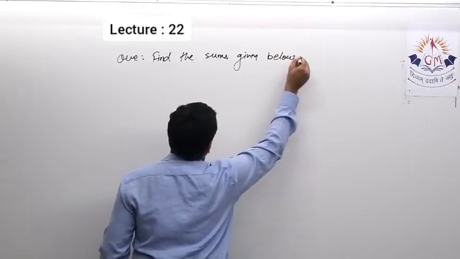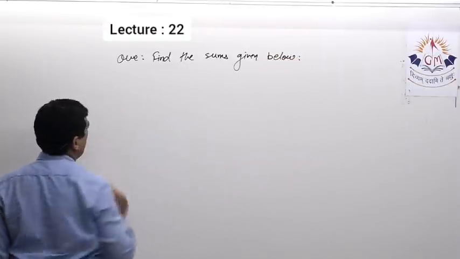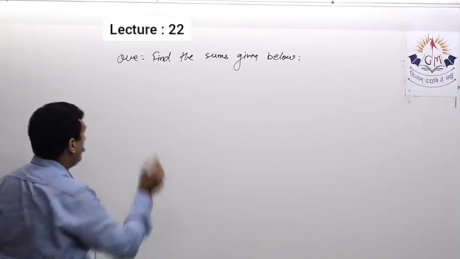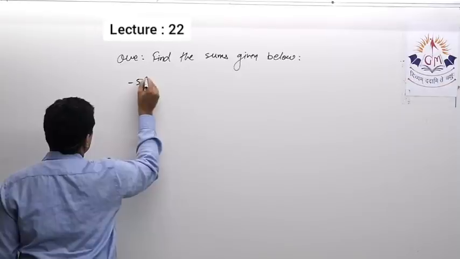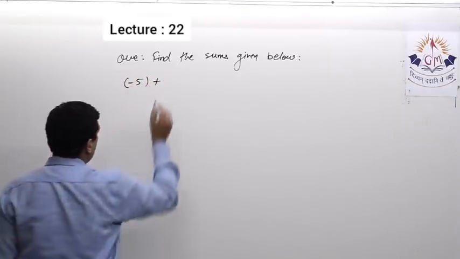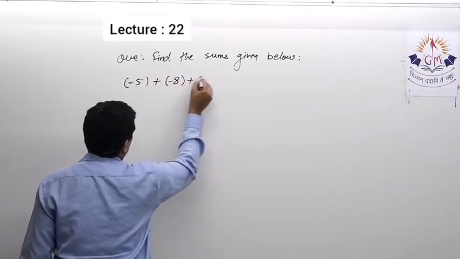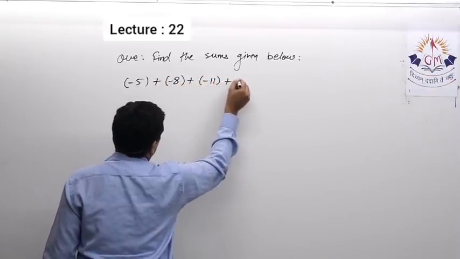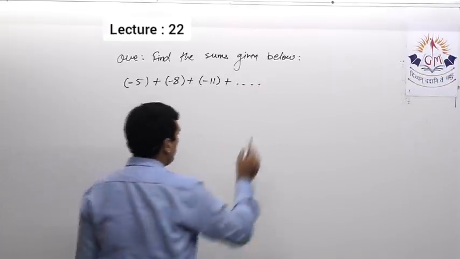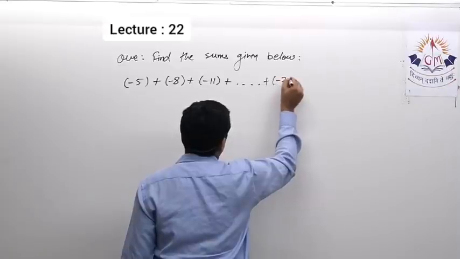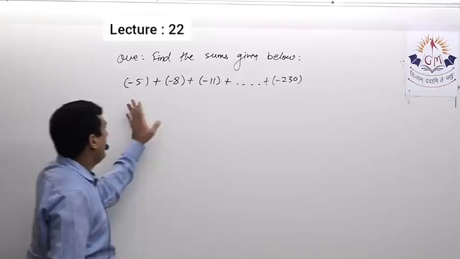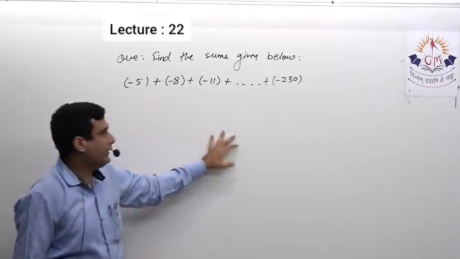In this: minus 5 plus minus 8 plus minus 11 plus and so on, up to minus 230.